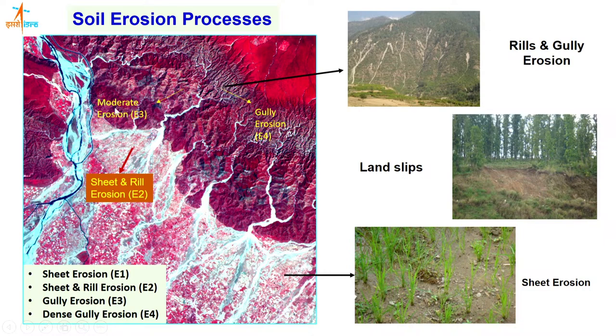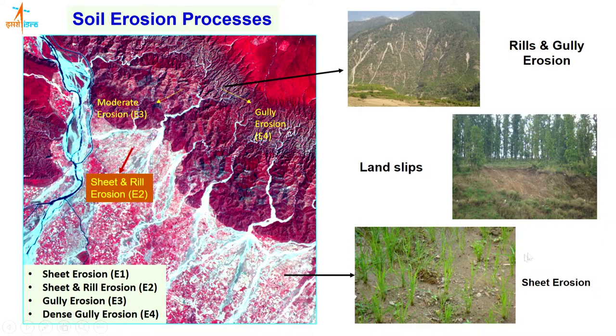This is the moderate erosion, that is gully erosion. Also you are seeing gullies, but here gully intensity is very high. So by seeing these features on the remote sensing data, FCC, we can characterize the area under sheet erosion or slight erosion, moderate erosion, and severe erosion.